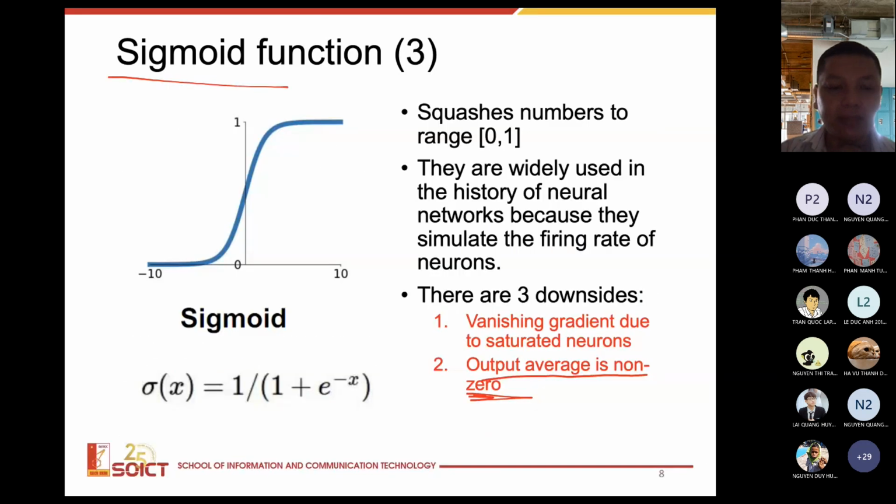You can see here that the output of the sigmoid function is always positive, from 0 to 1. So if you push a lot of inputs and samples into the sigmoid function, the average output is of course non-zero, because the output is always on the positive side.